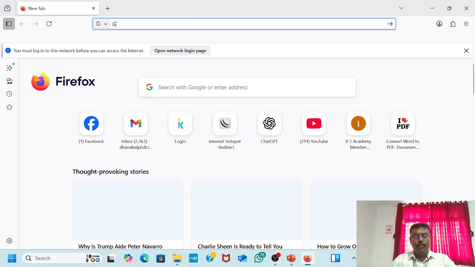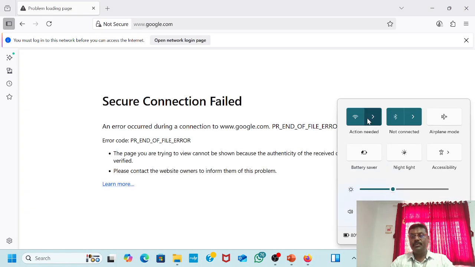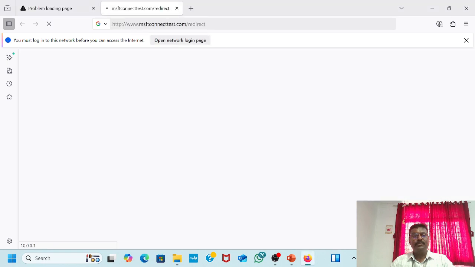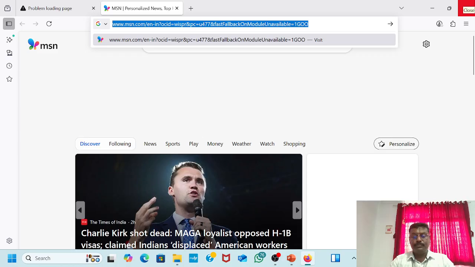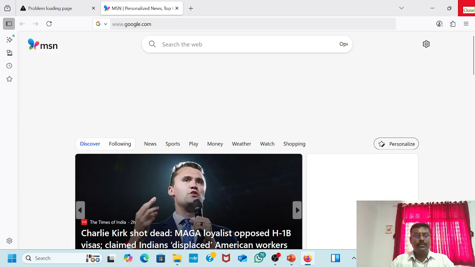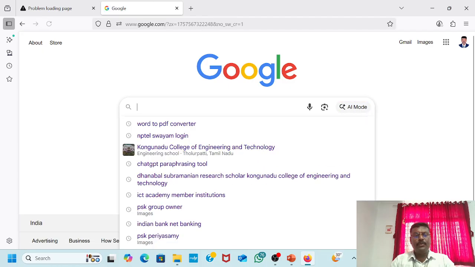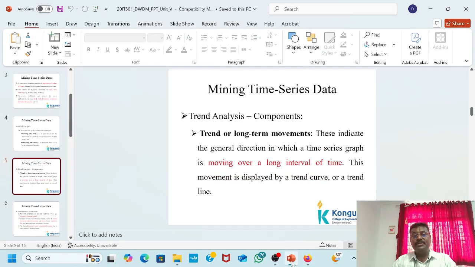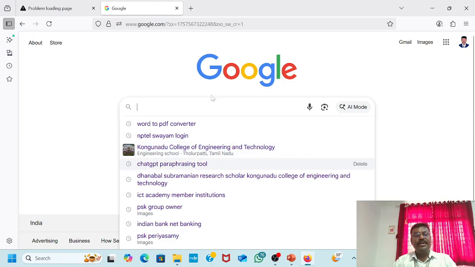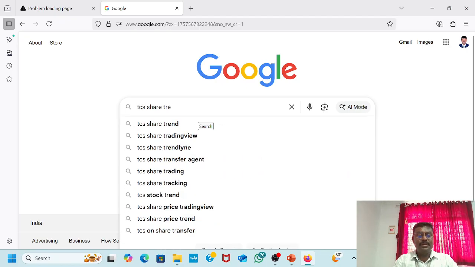Here, moving to Google, you can identify stock market analysis, stock analysis. The technique you are using is called trend analysis. Here you have a TCS share chart, and the chart analysis automatically displays the trend. This is called trend analysis.